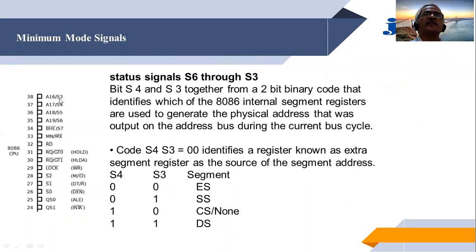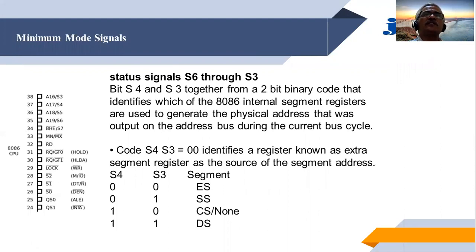Of these, the signals S3 and S4 are responsible for selecting the segment registers, which are used for calculating the physical addresses. Which particular segment register is selected will be indicated by the S3 and S4 pins.